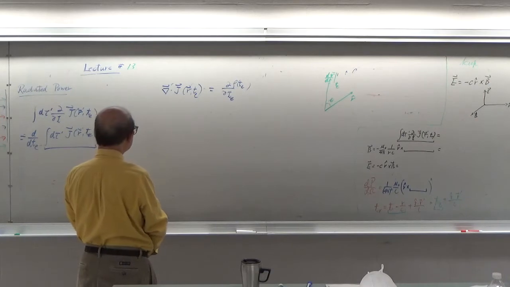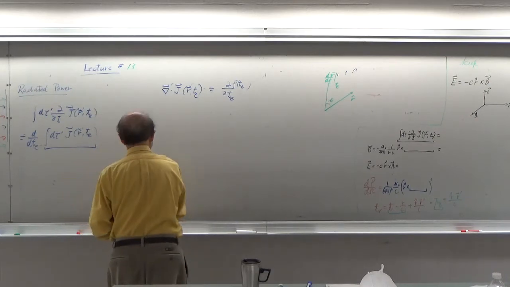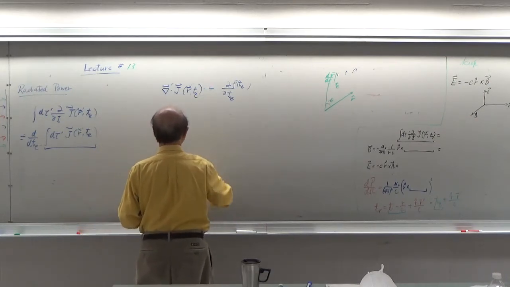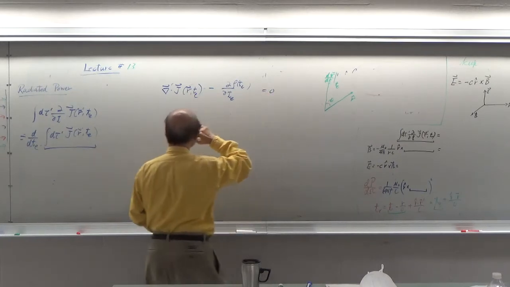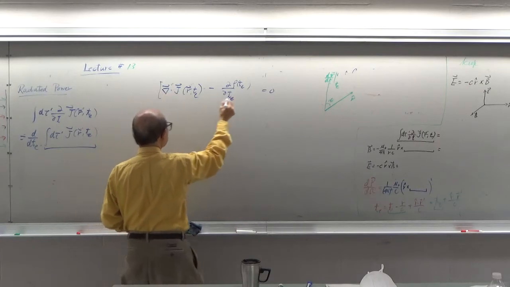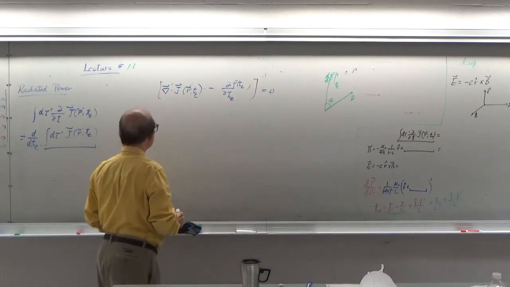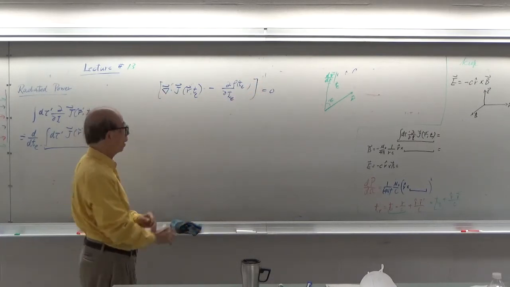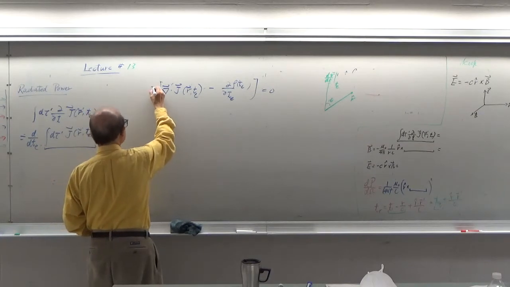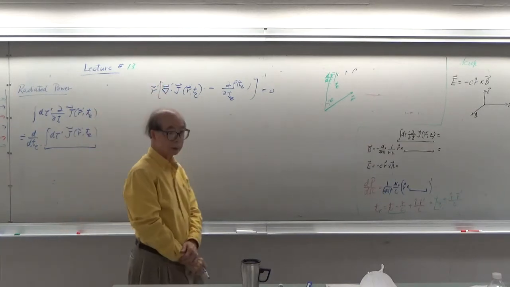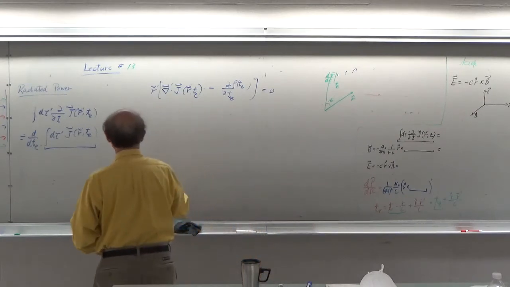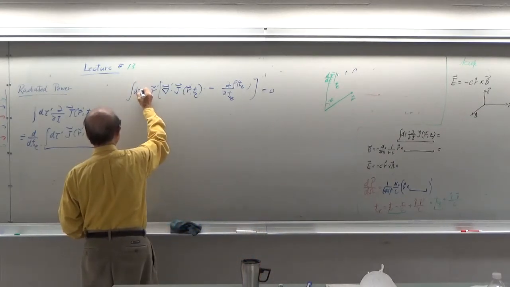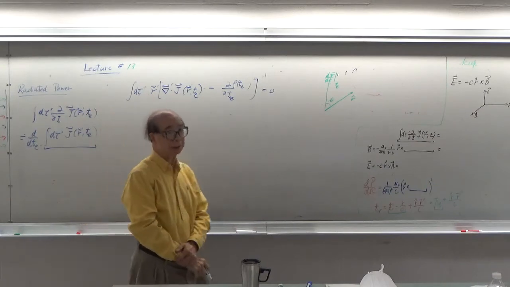And so if I take the difference of the two, that would be 0. And if I multiply by r prime, that's still 0. And if I take the volume integration, that's still 0.